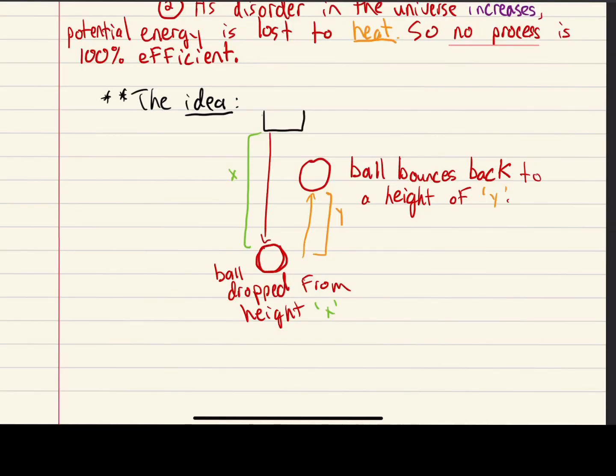The main idea here is that if a ball is dropped from a height of x, so over here, then it'll bounce back to a different, lower height of y. And the reason why it doesn't bounce back all the way to the original height that it was dropped at is because this gap in energy was lost to heat.